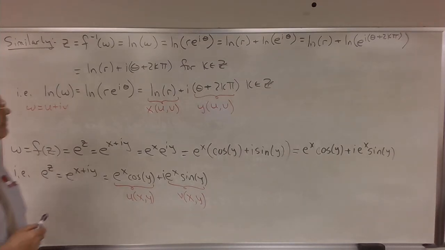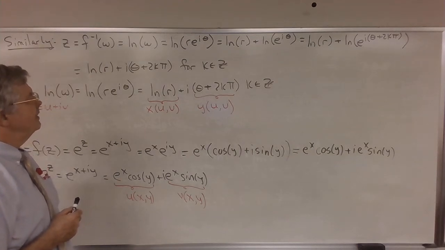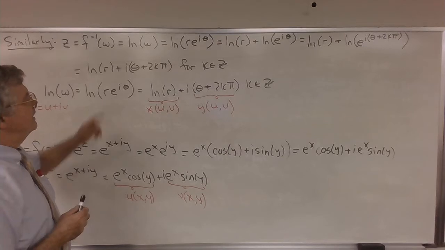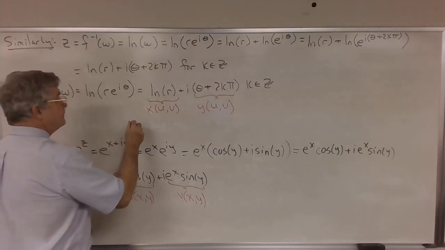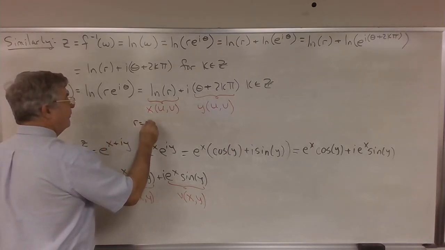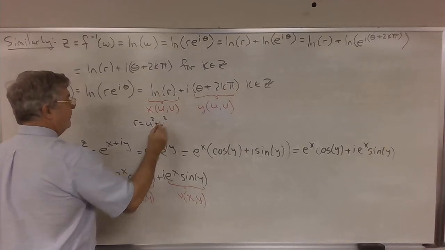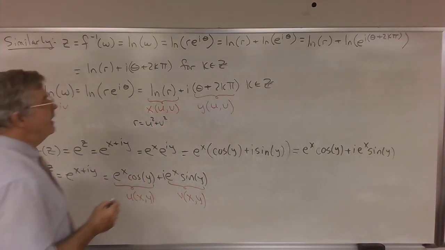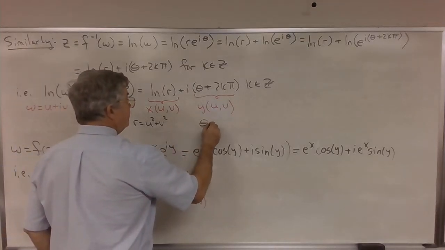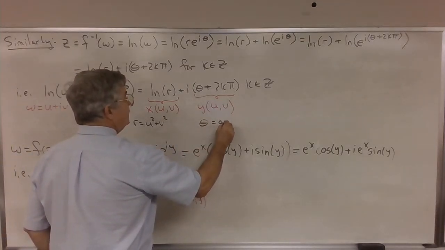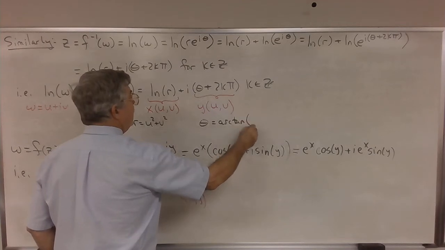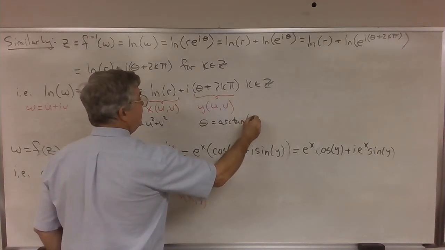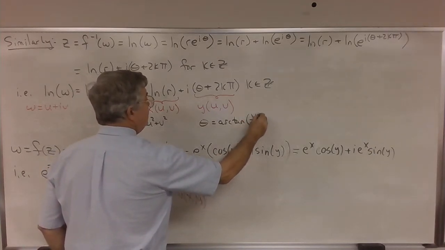And we might wonder about that, but remember where the modulus comes from. r is the square root of u squared plus v squared. And theta is the arctangent of v over u.